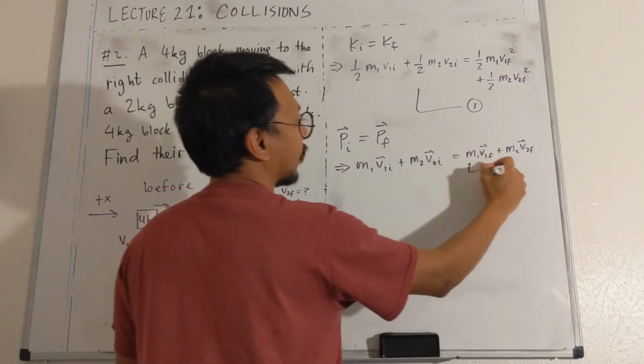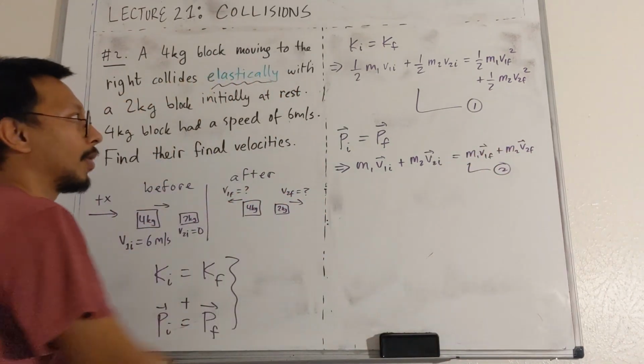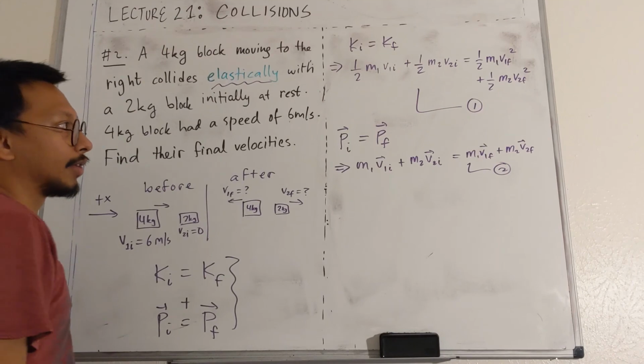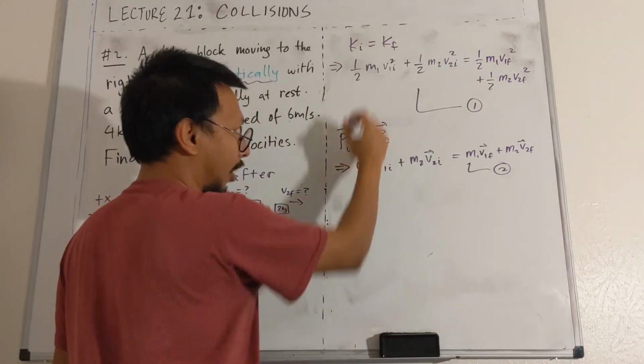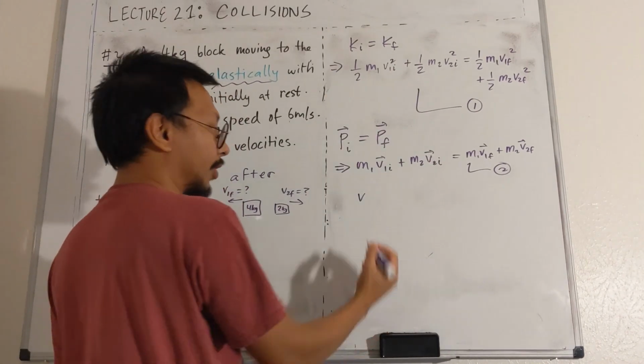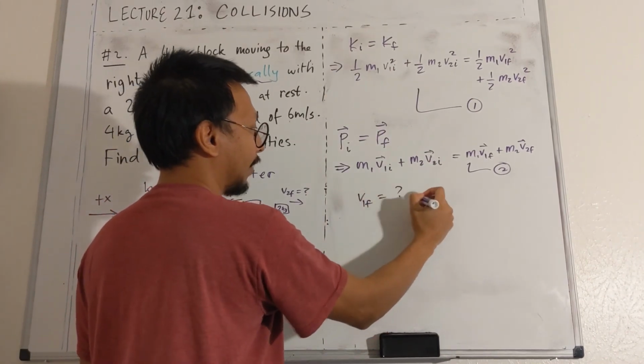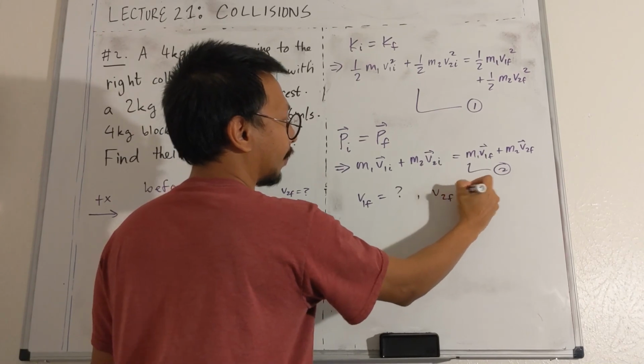All right, this is equation 2. If you combine equations 1 and 2, sorry, I missed the squares here. Our target from solving both of these equations would be what is v1f and what is v2f, right?